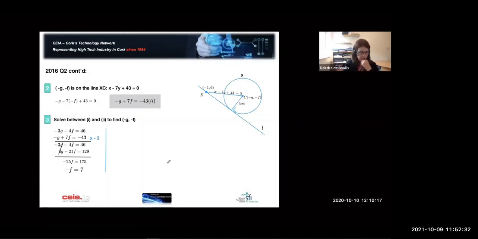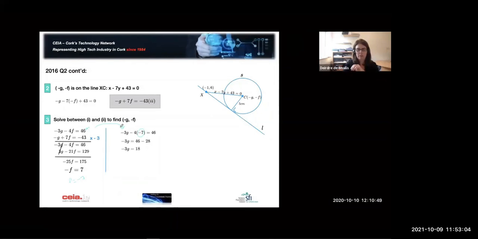So once I have, well, actually, I suppose I do need to put f into one of those equations. So if minus f is equal to 7, then f is equal to -7. And so that's what I'm putting into this equation here. I have picked this one just to solve for g.